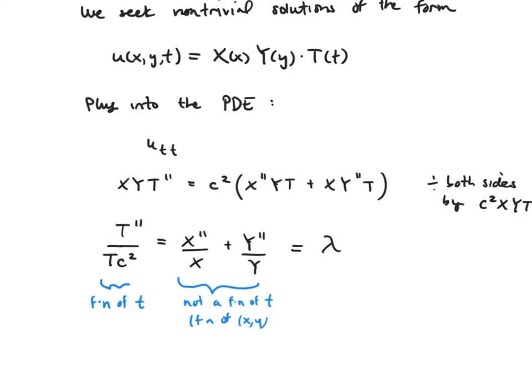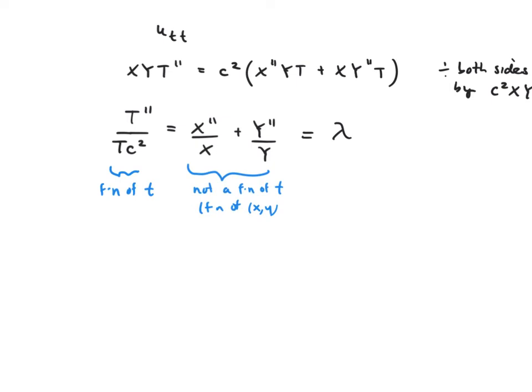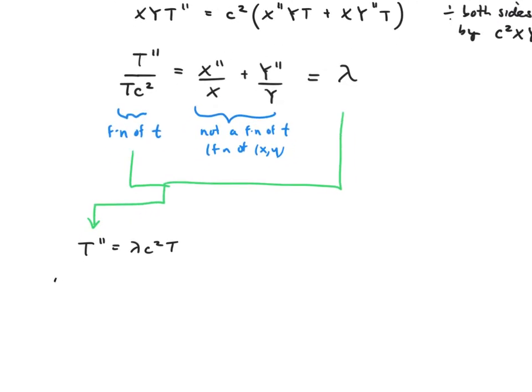All right. Now, if I link the last and the first together, I obtain one ODE for T double prime. If I multiply up by T c squared, I get equals lambda c squared T, or T double prime minus c squared lambda T equals 0.